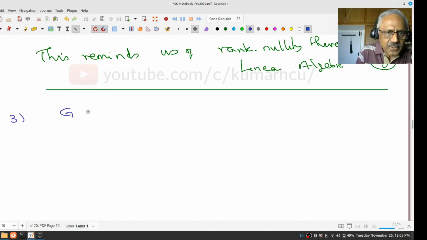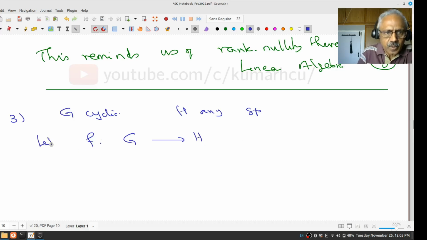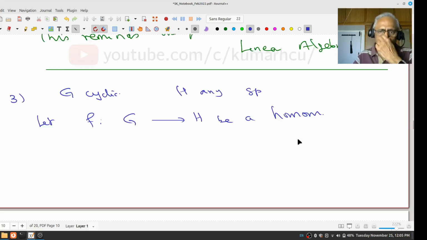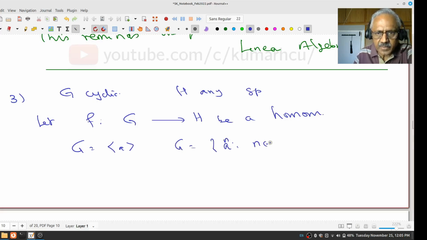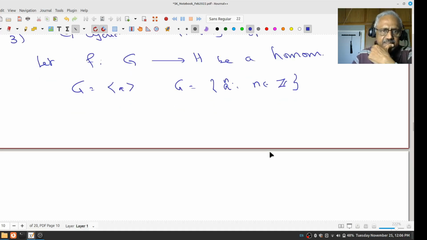Suppose G is cyclic, H is any group, right? Suppose f is a group homomorphism from G to H, right? Suppose G is generated by a, that is G equals a to the power n as n varies over Z, right? Okay. Now, do you see something interesting?